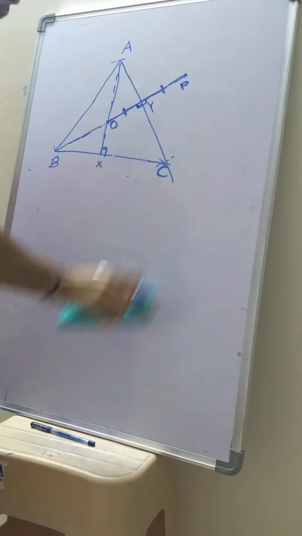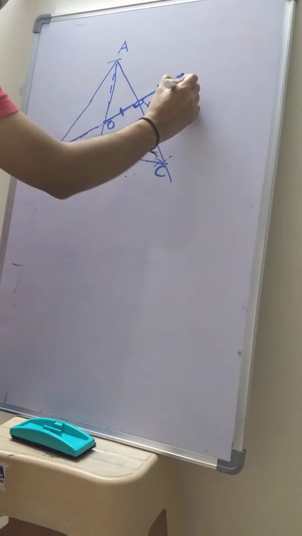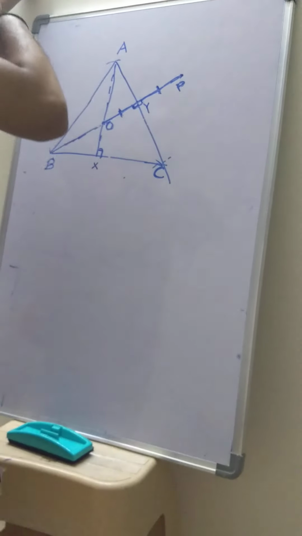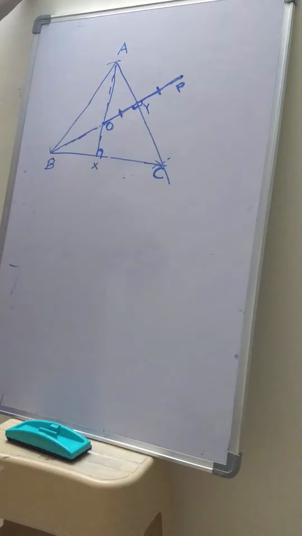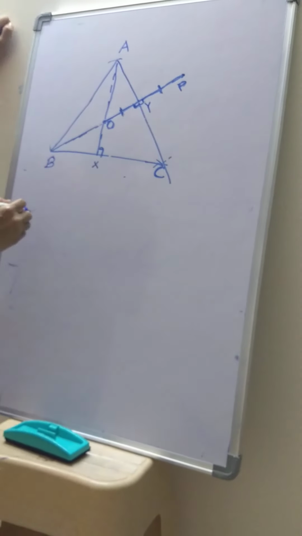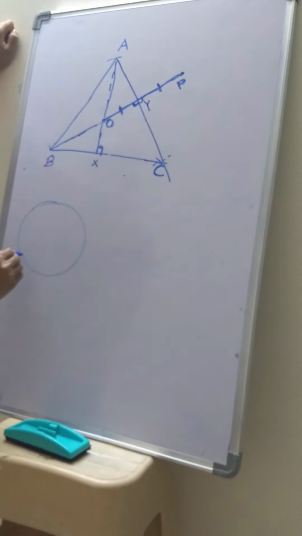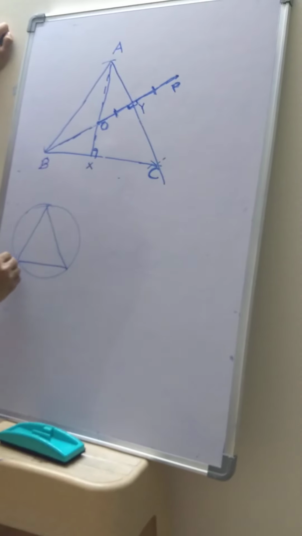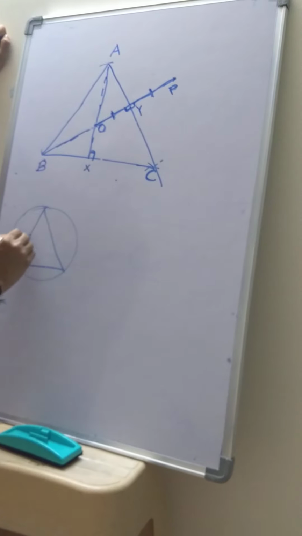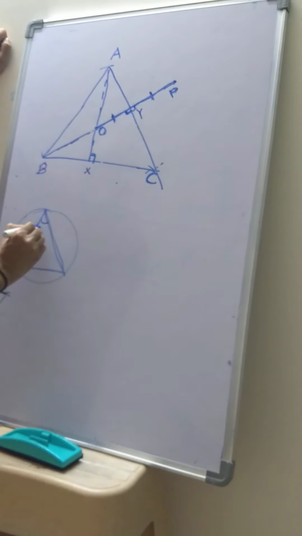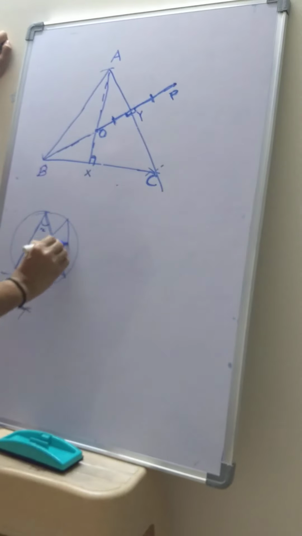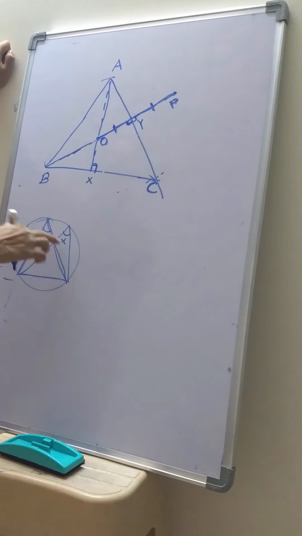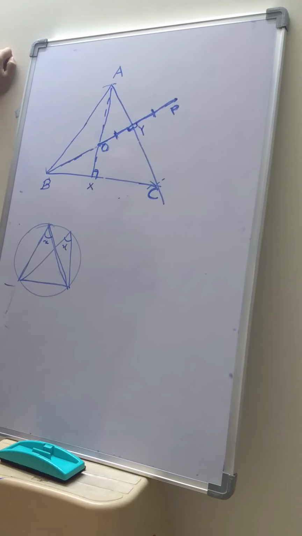Okay. Now if we have to prove that P lies on a circle that passes through A, B, C, what are the various ways? Remember the properties of circle, right? When you have a circle, if you draw a triangle on a chord, and let's say this angle is X, and you draw another triangle on the same chord, this angle will also be X, right?